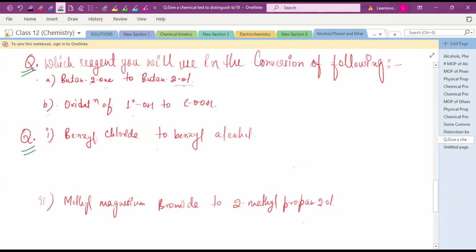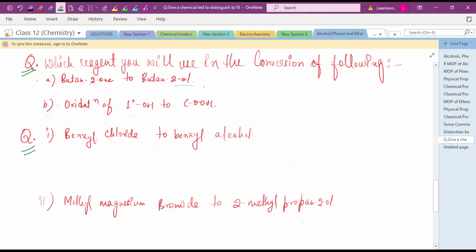So which reagent you will use? It's very easy.